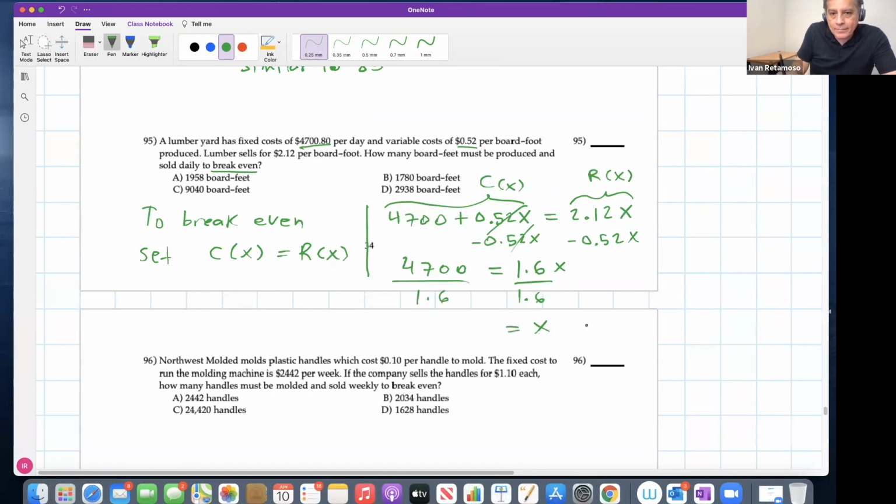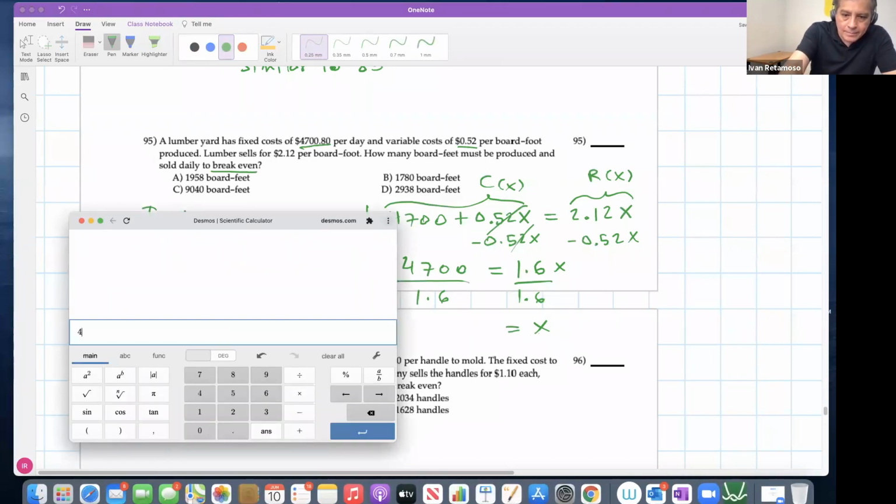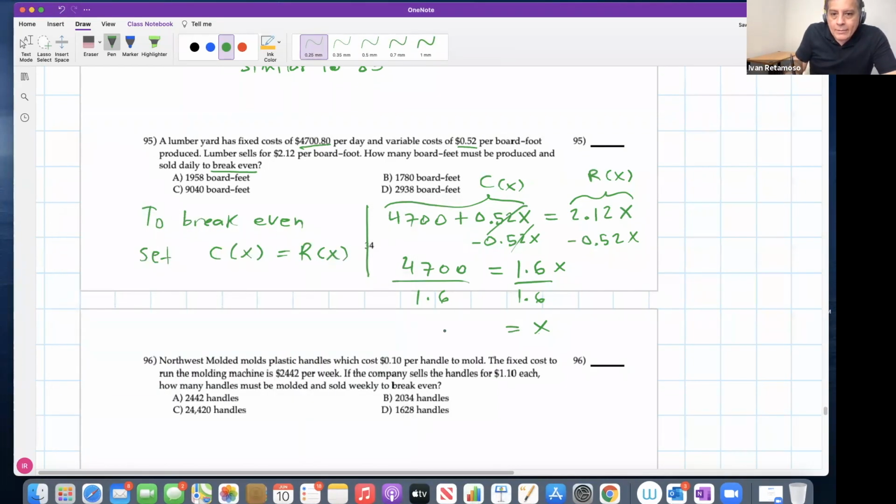X equal 4,700 divided by 1.6. Aha, 2,937. But since we are dealing with a number of units, right? Rounded up to 2,938, right? Because it is 5. So 2,938 board feet. That's it, right? So this is the guy, 95.